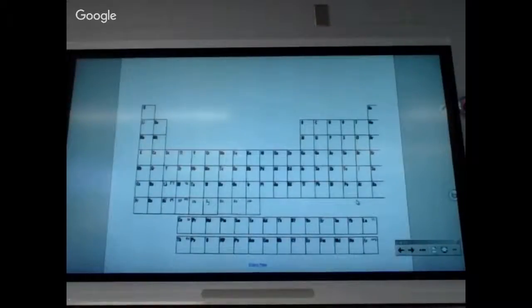Carbon. So where am I looking? Second period. Well, we only got to the break right now. Yes. Second period. All right.